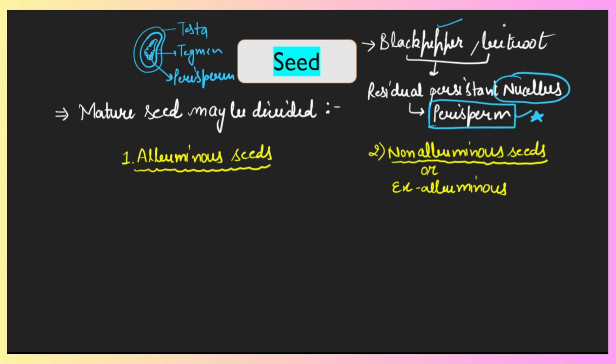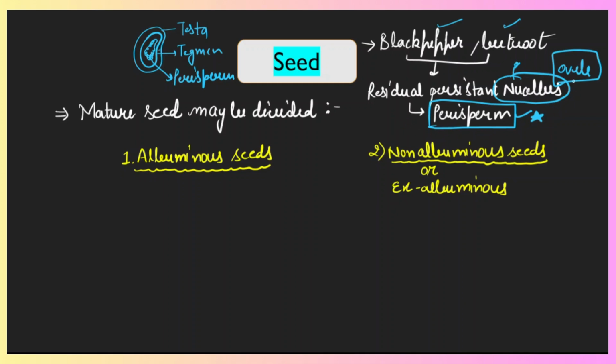In black pepper and beetroot, the nucellus part of the ovule is residual.